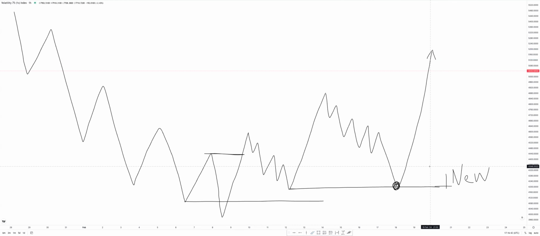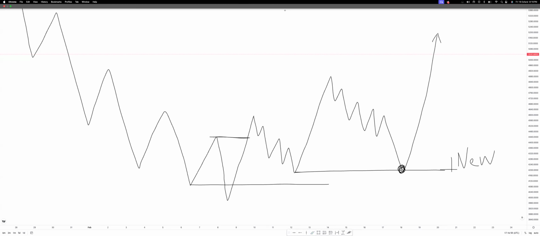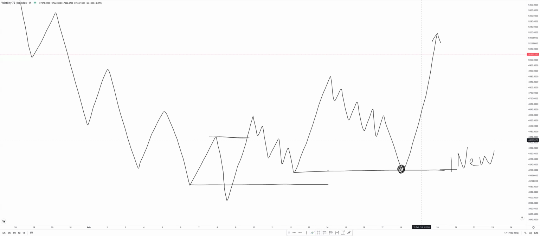On the new invalidation, we usually have 3 examples. This is the first example. Let's check on the second. Let's place a different color.